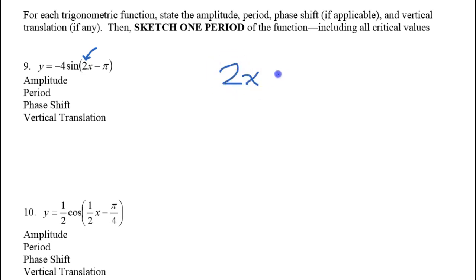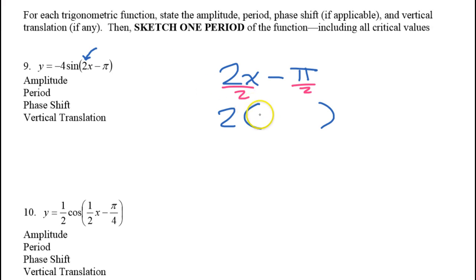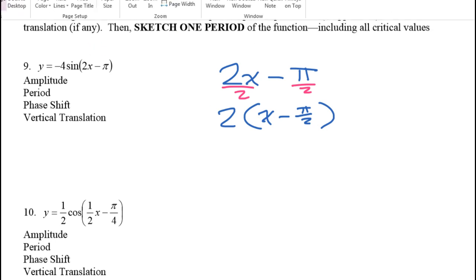Right now we have 2x minus pi, and we need to take that 2 and put it outside of parentheses. The way we can do that is by dividing everything by 2, and that tells us what will go inside the parentheses. So we will have x minus pi over 2. So this is the form of the equation that we're going to use.